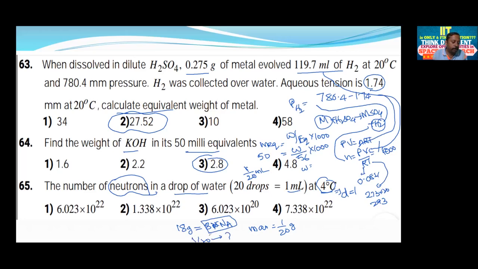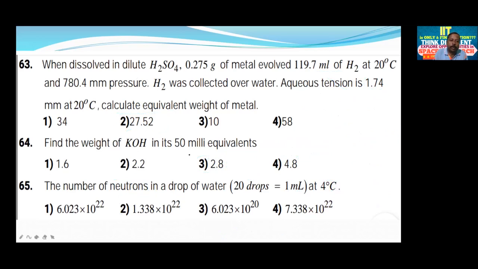When you divide with 1 by 20, you will get 6.023 into 10 to the power of 23. Oh, sorry. On simplifying, 1.338 into 10 to the power of 22 we will get. This is the process. I think it is clear where the students have made mistakes and why you should not make them.